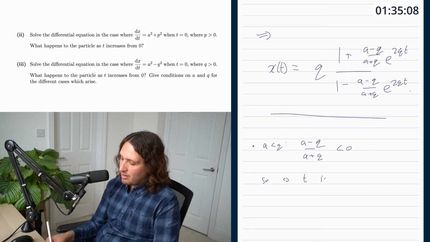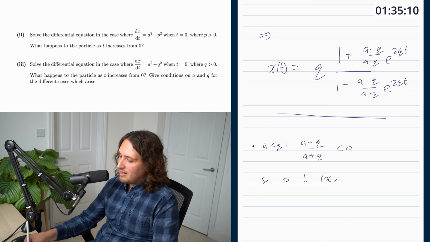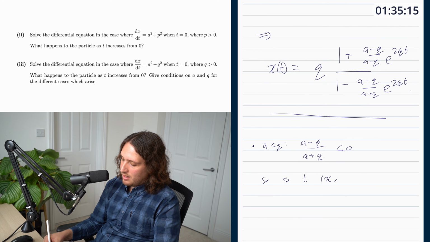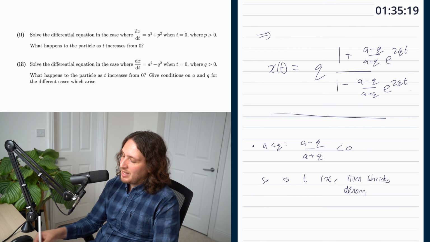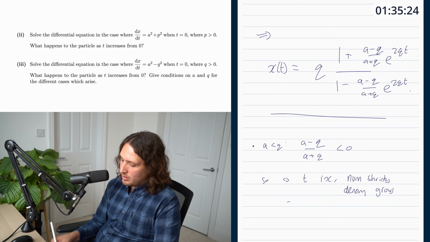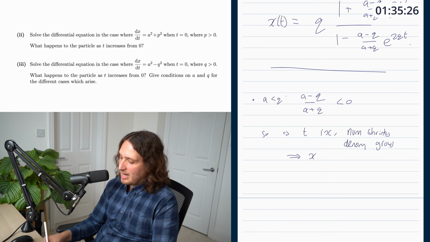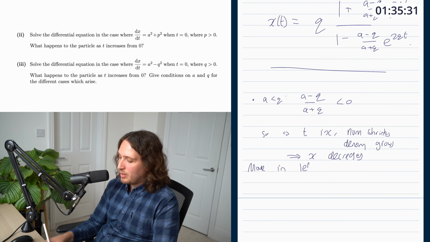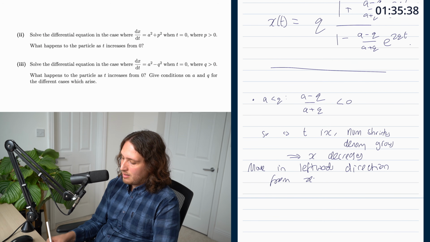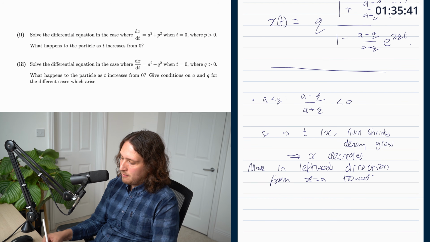So as t increases, the numerator gets bigger, but because that's a negative coefficient, the numerator shrinks. The denominator gets bigger, but minus minus is a positive, so the denominator grows. So that means that x decreases, and I move in the leftwards direction. So I guess towards the origin. From x equals a, I'm going to go towards the origin.